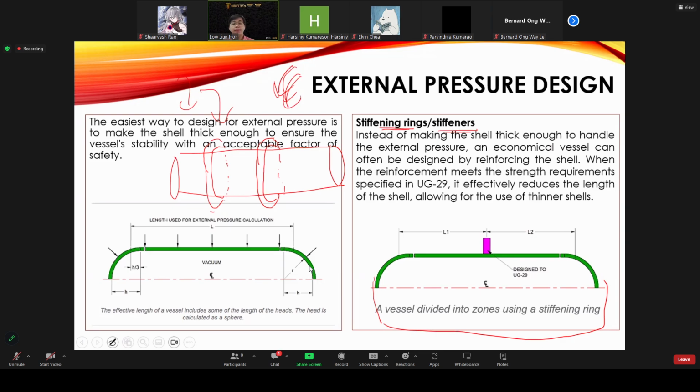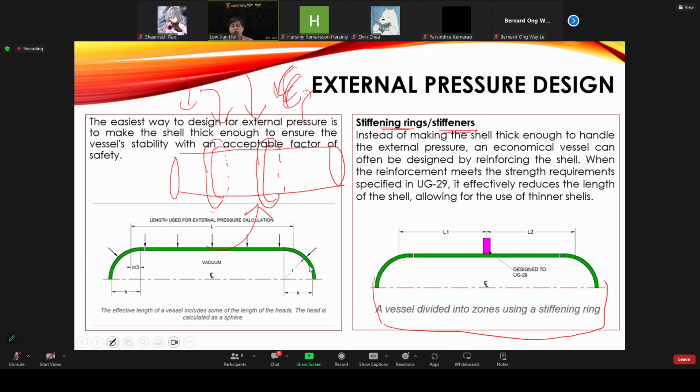Okay, depends on your design, you can decide how many rings you are going to install on the outer surface of the pressure vessel to make sure it's strong enough to withstand the external pressure.